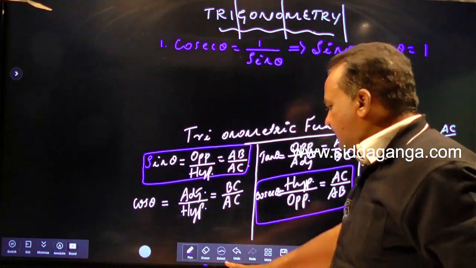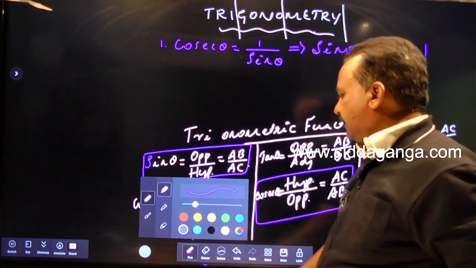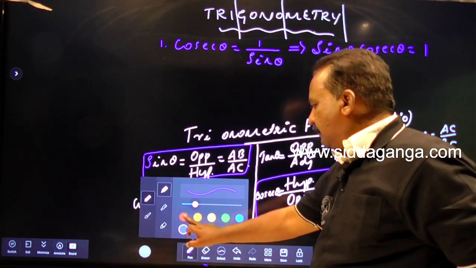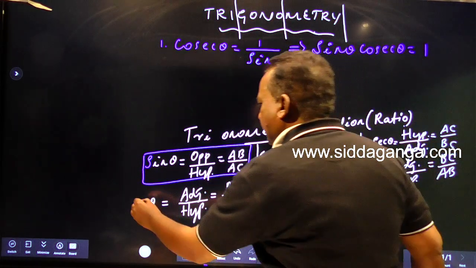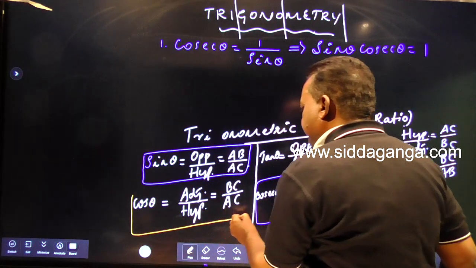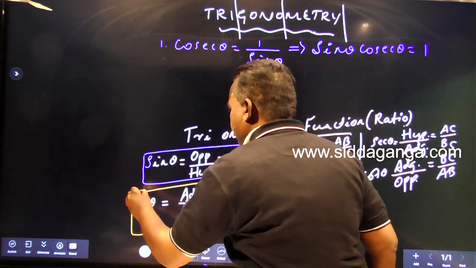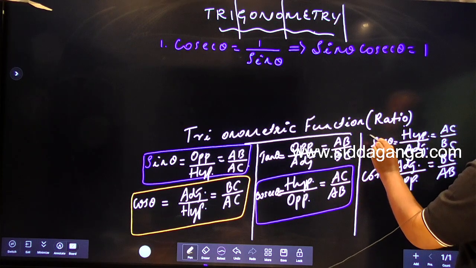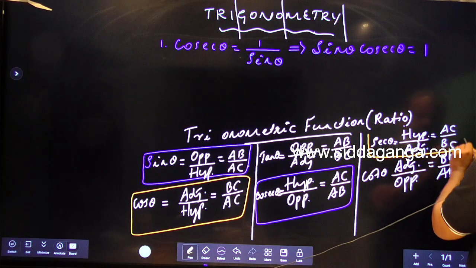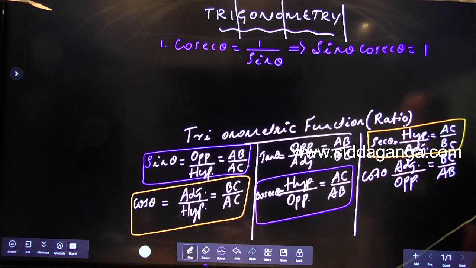Similarly, let us come to one more pair. This is cos theta. I have marked it with different colors. Observe carefully. This is secant theta.